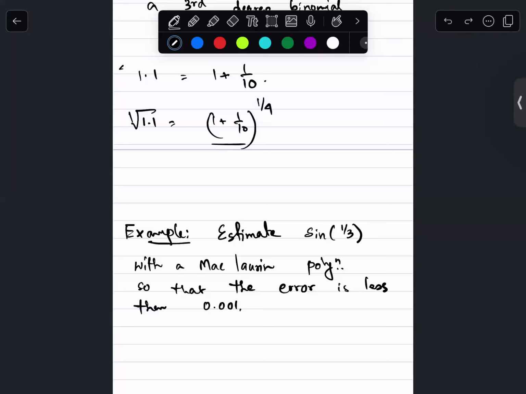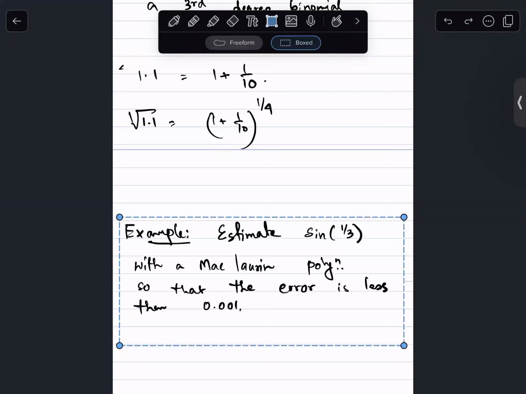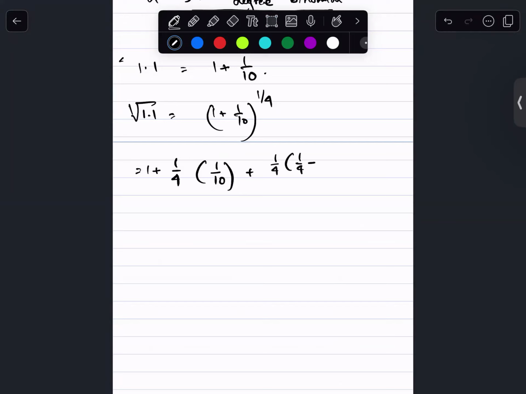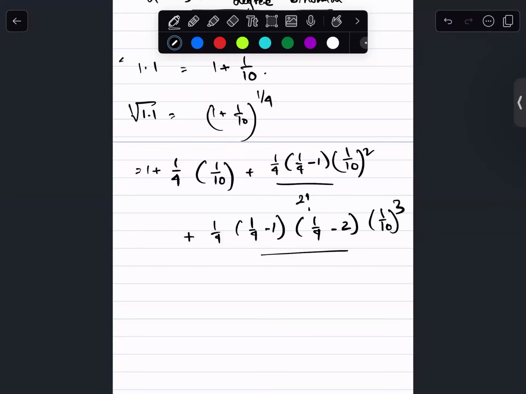So you can directly use the formula, and if we do that, we'll get 1 plus 1/4 times 1/10, plus 1/4 times 1/4 minus 1 times (1/10) squared over 2 factorial, plus 1/4 times 1/4 minus 1 times 1/4 minus 2 times (1/10) to the third over 3 factorial.